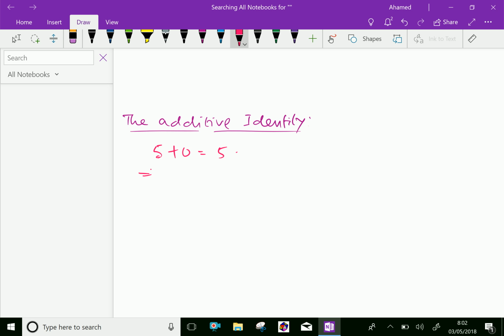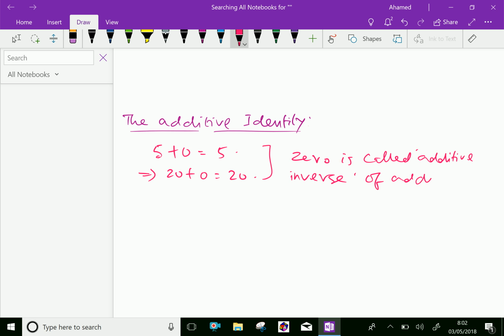Like that, any number, suppose 20 plus 0 equals 20 itself, means here 0 is called the additive identity of addition of whole numbers.